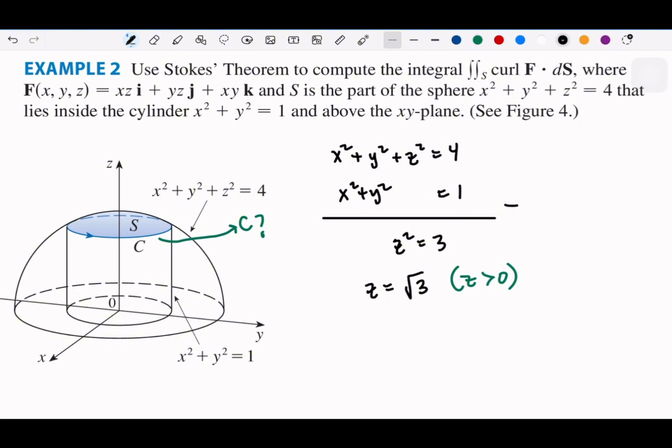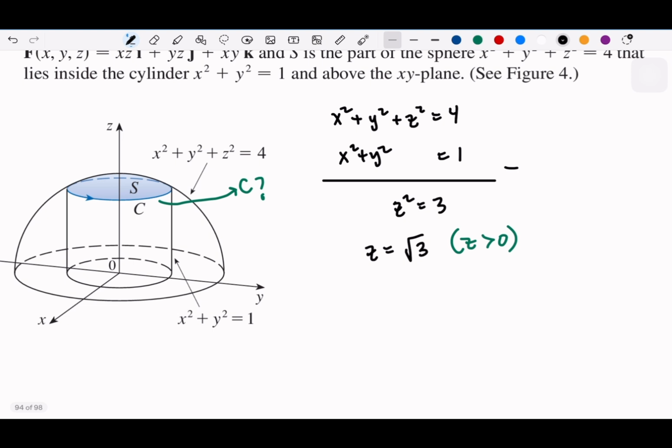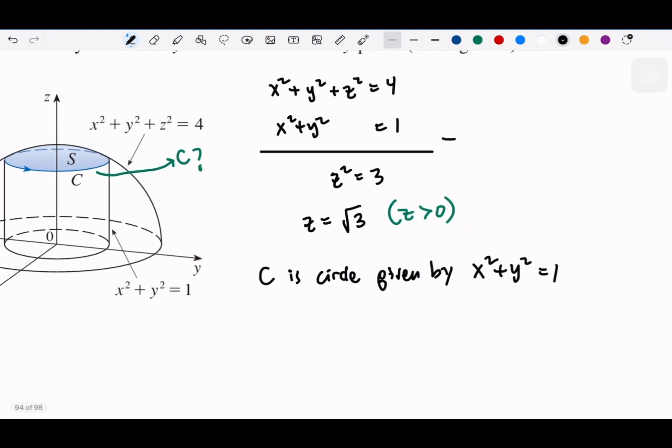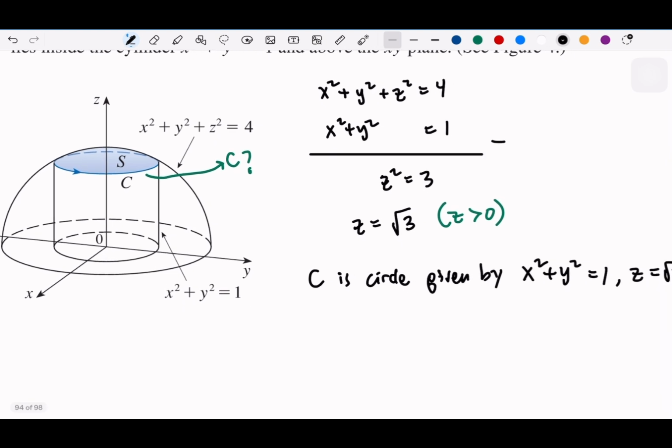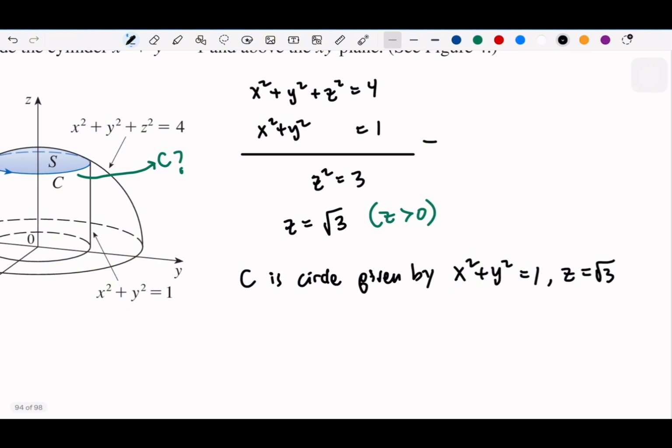So we have the circle. C is the circle given by x squared plus y squared equal 1, and then we also have the plane z equals square root of 3. So that is the curve C. From these two, what is the suitable parameter?